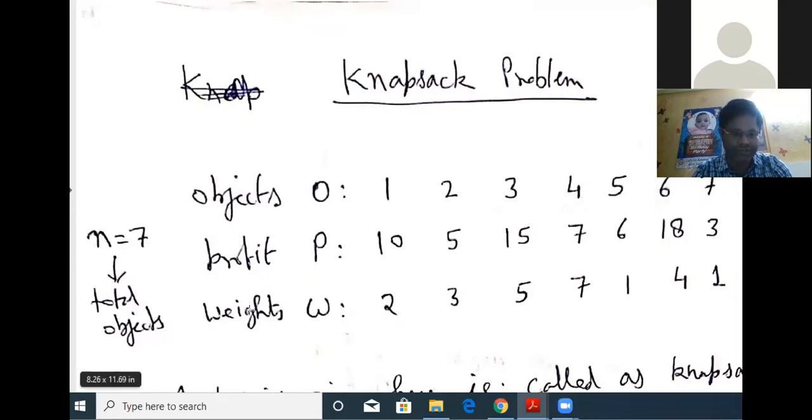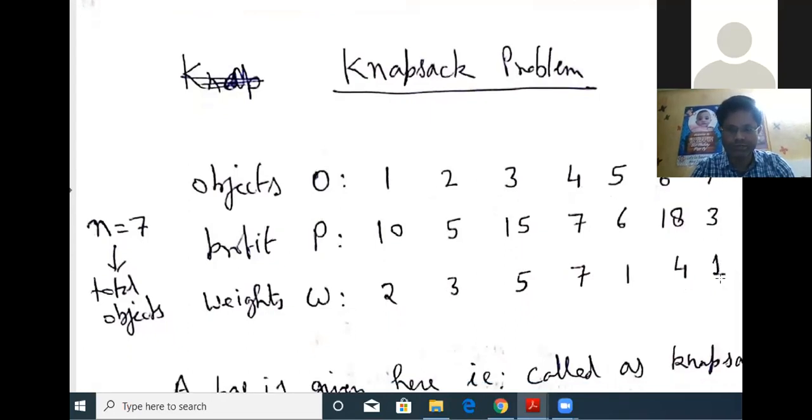The weights associated with each item are denoted by W: 2, 3, 5, 7, 1, 4, 1. These are the weights. In the previous statements, I told you that the profits are denoted by Pi. Since the indices start from 1, this is P1, P2, P3, P4, P5, P6, P7, and similarly weights W1, W2, W3, W4, W5, W6, and W7.